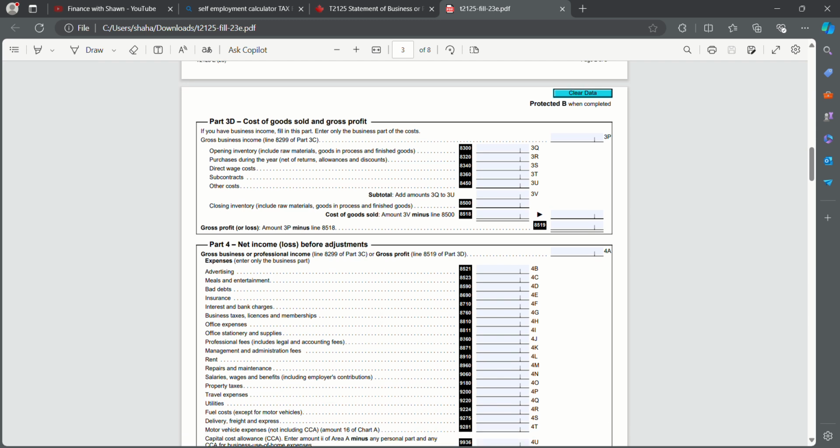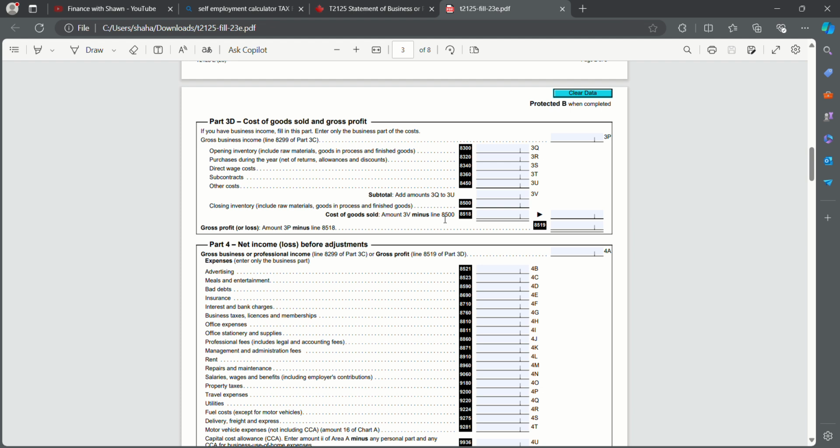Depending on what kind of business you have, let's say you're carrying inventory, let's say you have a clothing business where you're selling t-shirts or pants, whatever the case may be, or traditional wear. You'll see here that you'll have an opening inventory.